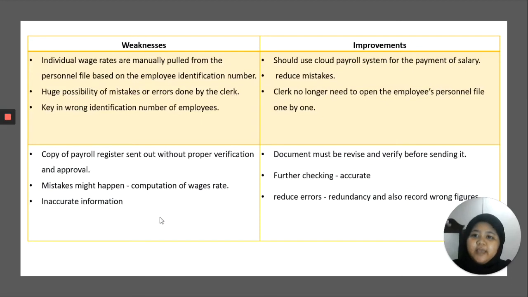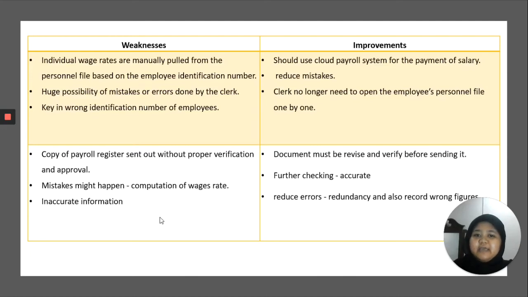The third one: individual wage rates are manually pulled from the personal file based on the employee's identification number. When this occurs, there is a huge possibility of mistakes or errors by the clerk, for example keying in the wrong identification number, because there are hundreds of employee files.